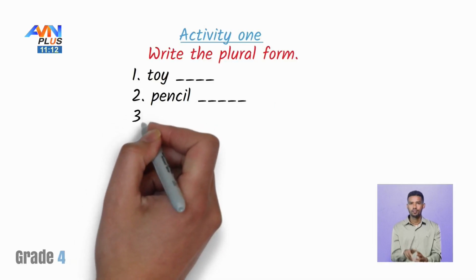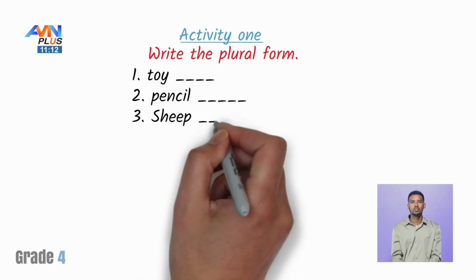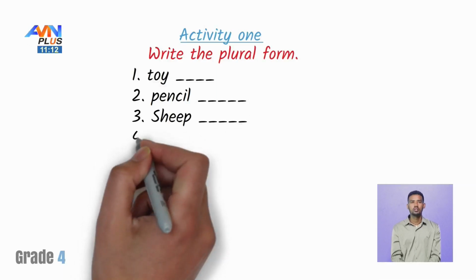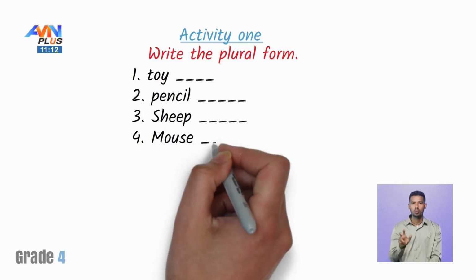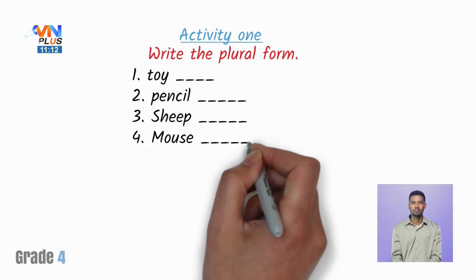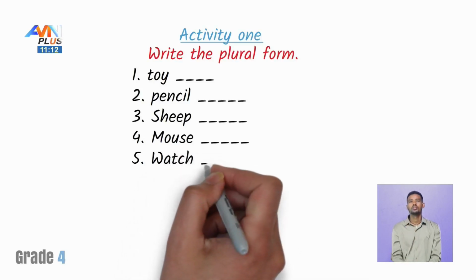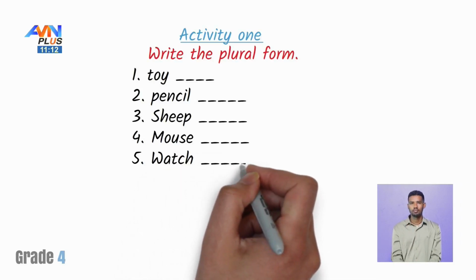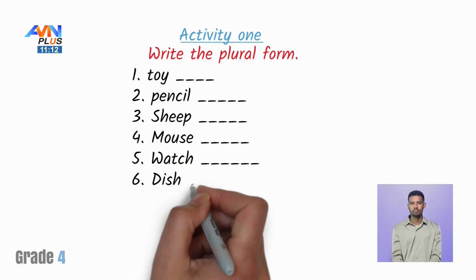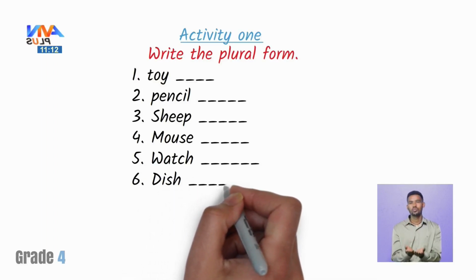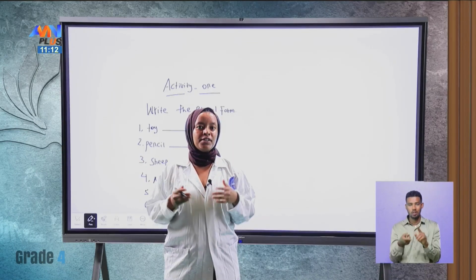Sheep. 4. Mouse. 5. Watch. 6. Dish. Students, here is activity 1. Let me give you 2 minutes and I'll be back and give you the correction.